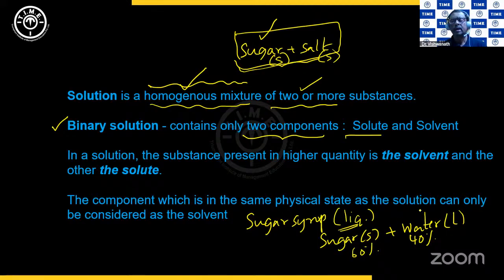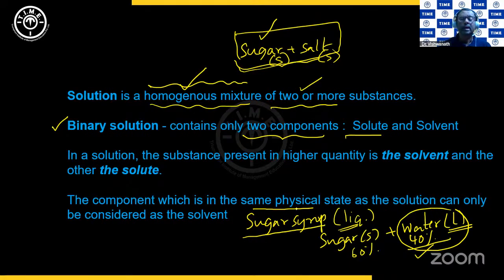Still, it has the same physical state as water. So water becomes the solvent. Though water is to a lesser extent, its physical state matches the physical state of the solution. That is how water, though lesser in quantity than the solute, which is sugar, is the solvent. So this part is to be taken seriously.